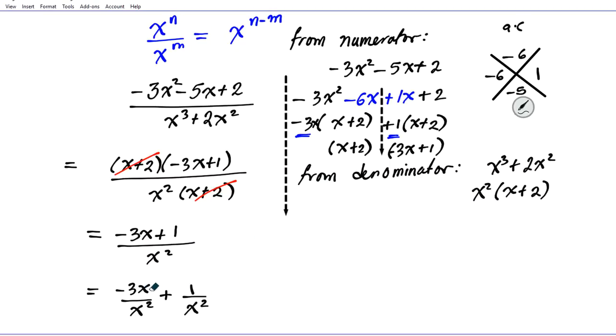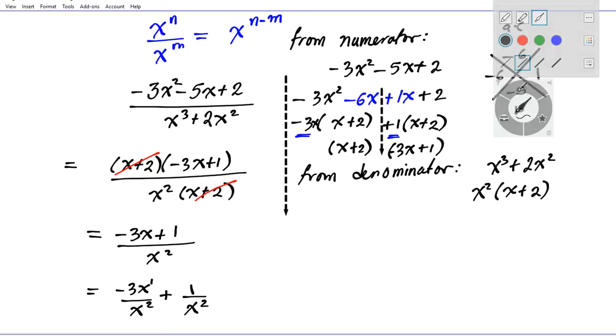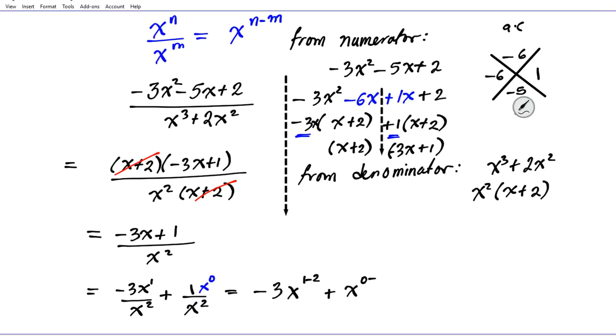So let's express each term as a power of x. Negative 3x has the first power. 1 is a constant. So we can add on x to the 0th power there. Okay, so let's simplify. This becomes negative 3x to the 1 minus 2 plus x to the 0 minus 2. Okay, so this becomes negative 3x to the negative 1 plus x to the negative 2.